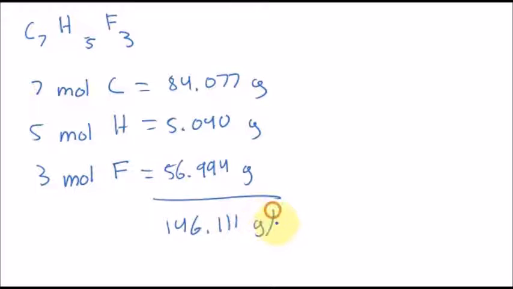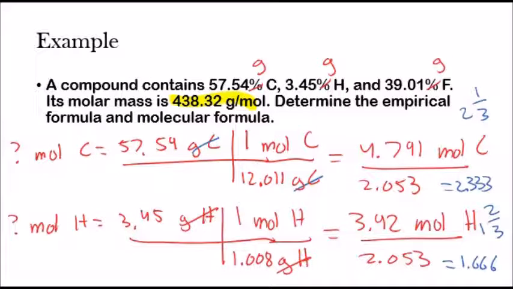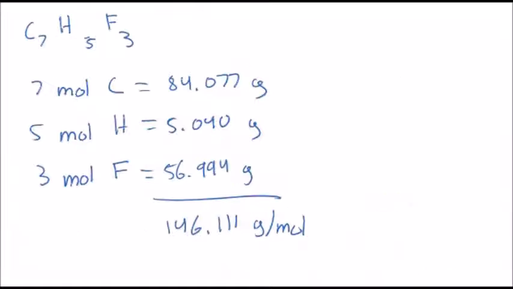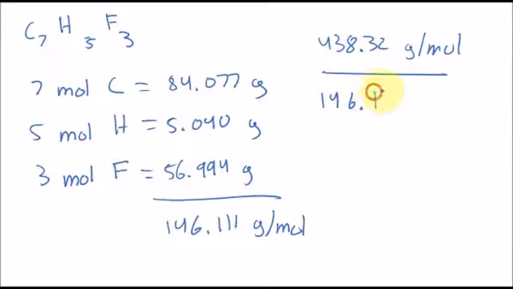From here, I'm going to take the molar mass of our molecular formula, which is 438.32 grams per mole, divided by the molar mass of our empirical formula, which is 146.111 grams per mole. And we will get a number. Let's see what that is.